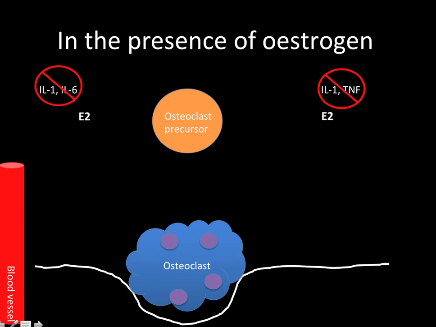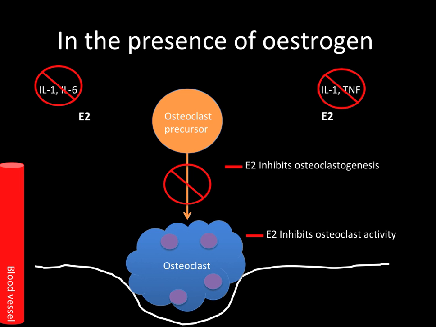This means that IL-1 and IL-6 can't bind to the osteoclast precursor, and it won't differentiate into an osteoclast. In addition, IL-1 and TNF can't bind onto the osteoclast, so it can't increase the activity of the osteoclast. So estrogen inhibits osteoclastogenesis. It also inhibits osteoclast activity.